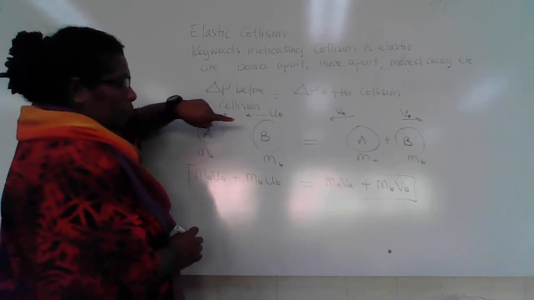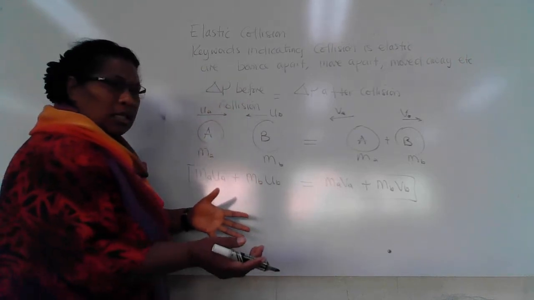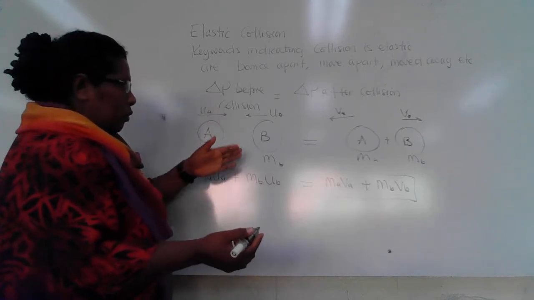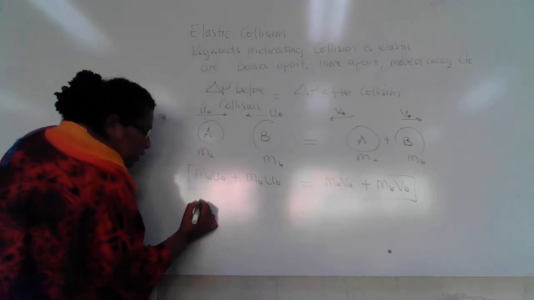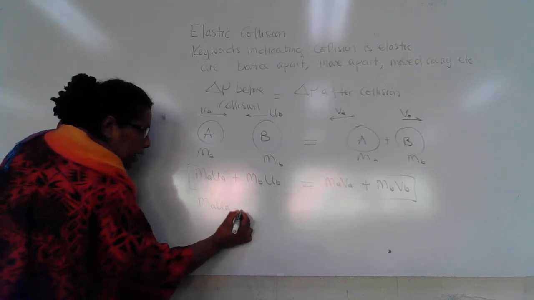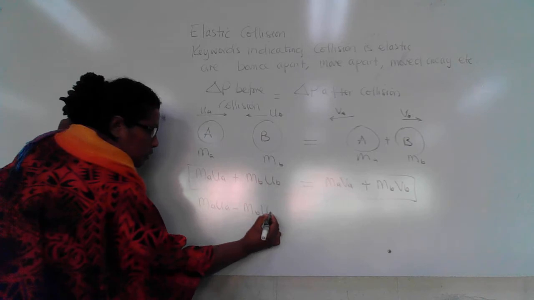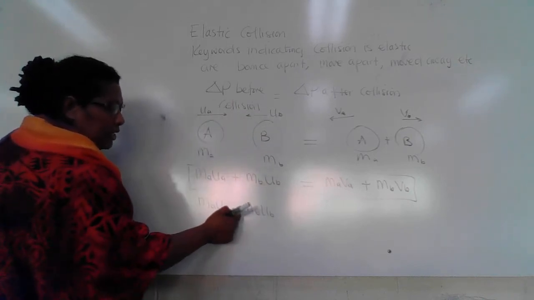Take note, I said that momentum is a vector quantity because velocity is a vector quantity. And therefore, if we were to rewrite this equation based on the vector, our equation would be mA uA minus mB uB. Now this minus is because uB is directed towards the left, which is negative.